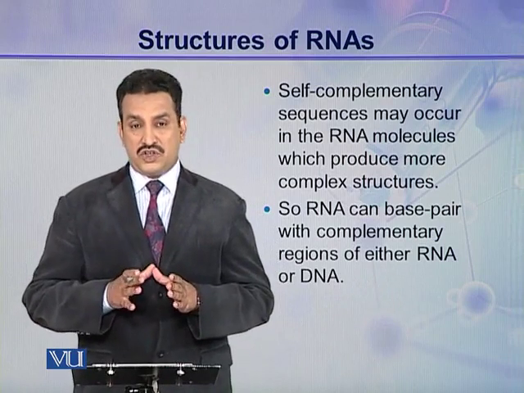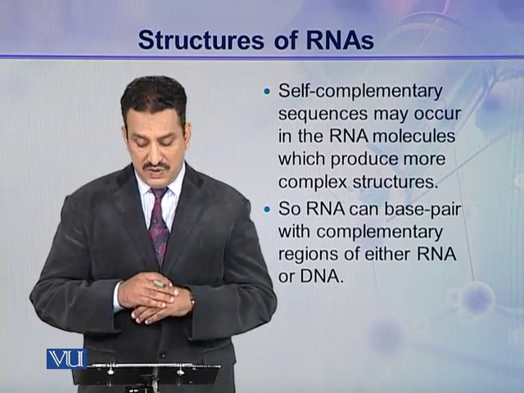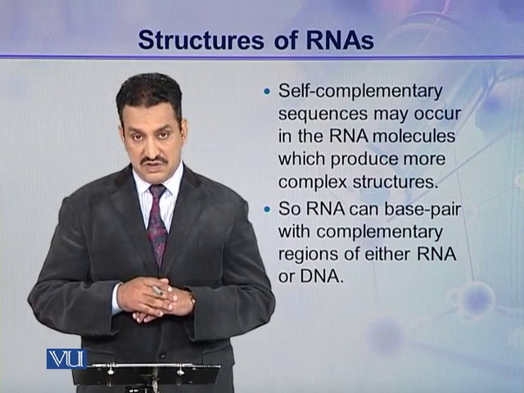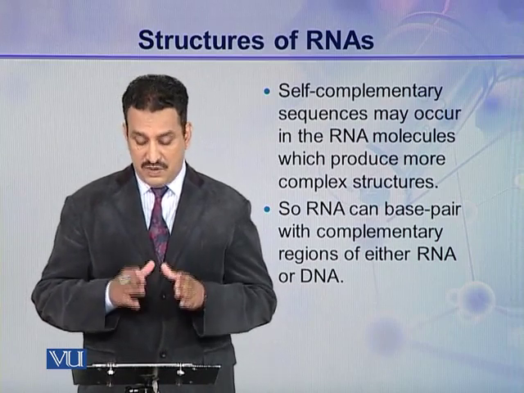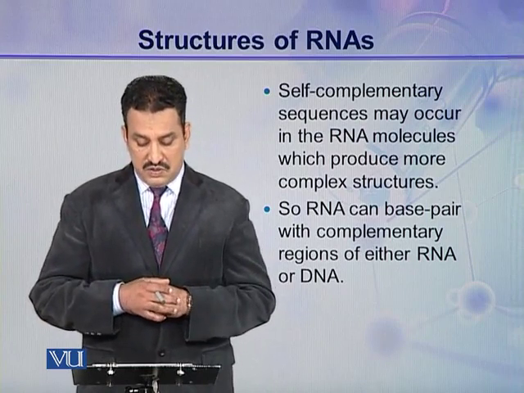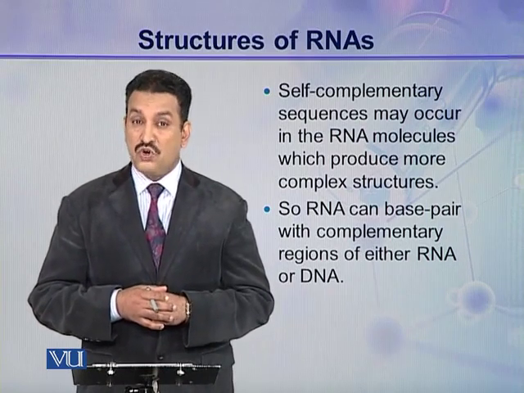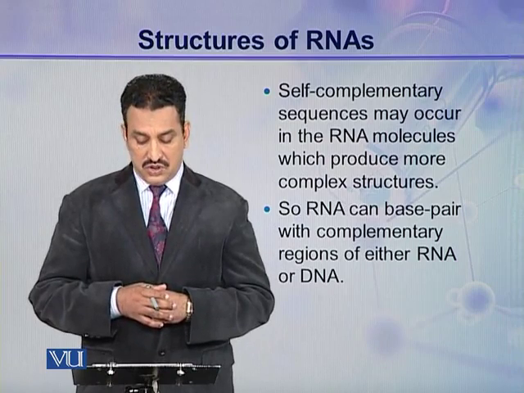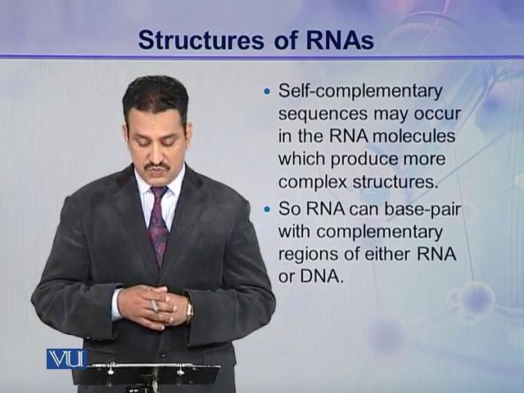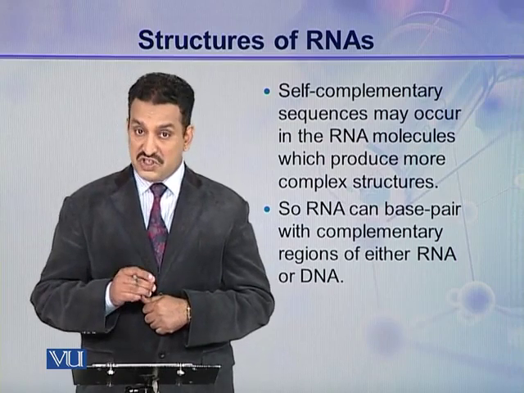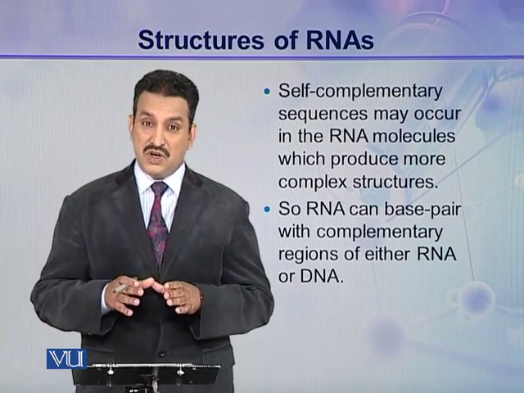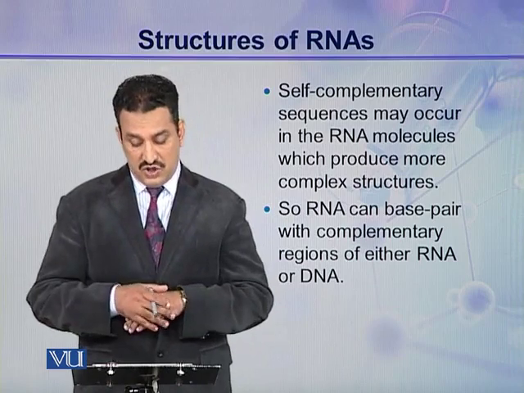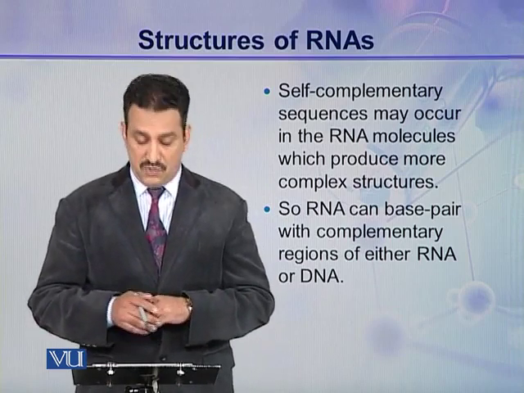In the structure, some self-complementary sequences may occur in RNA molecules, and these self-complementary sequences may produce more complex structures. So RNA can base pair with complementary regions of either RNA of the same or of other molecules, or DNA molecules.